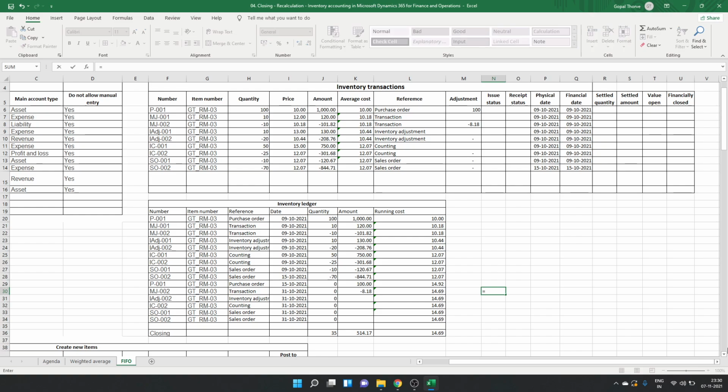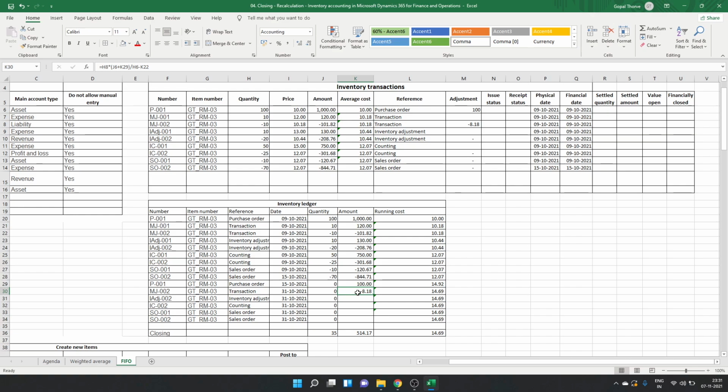Let me see, for 10 quantity into 11 is 110. Out of this 110, the system has already posted 101.82. So if I reduce this from here, sorry, I made a mistake. 8.18, so this is the adjustment.